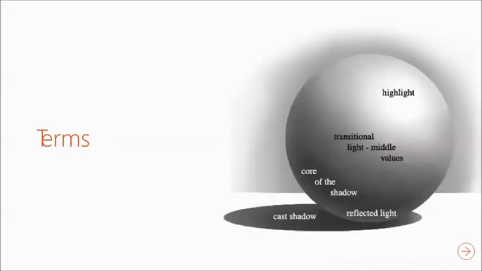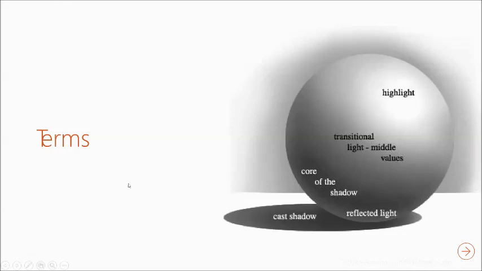For the terms, we have here the highlight, which is like reflection of the light. There is also transitional light middle values here, which means that it is in the middle of a highlight, and the darker side, which is the core of the shadow, at the bottom.